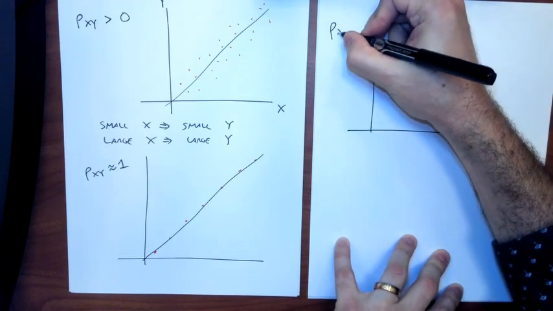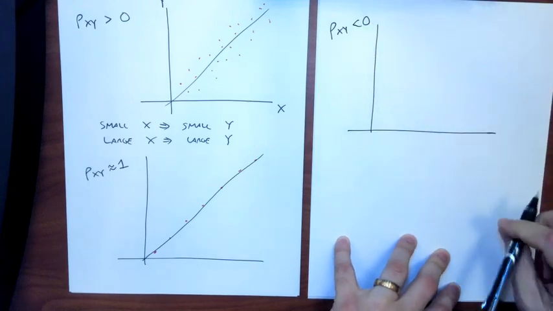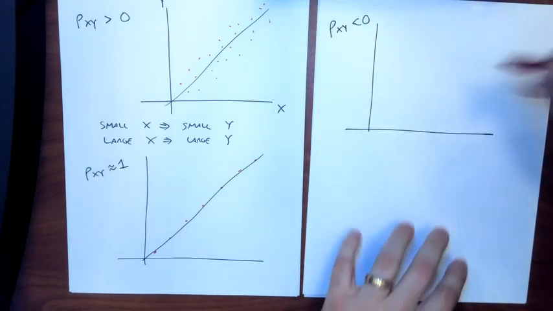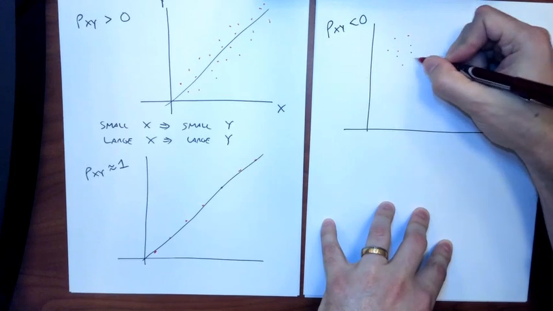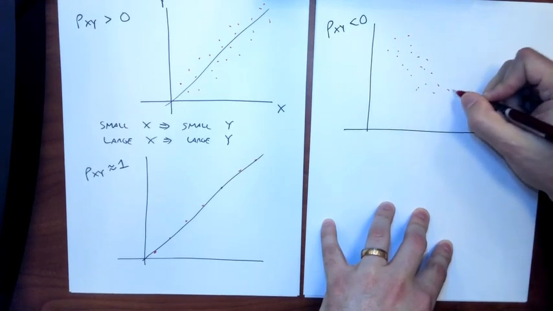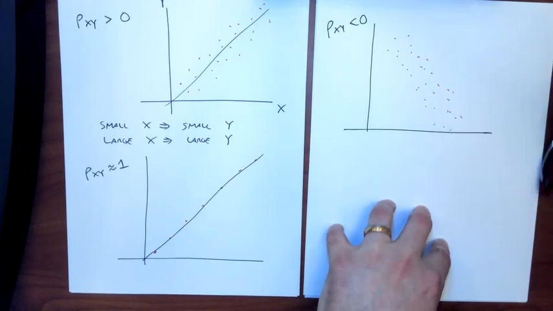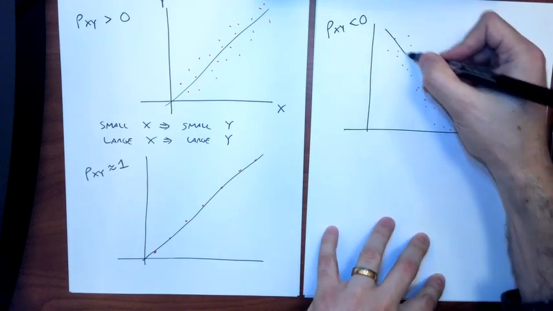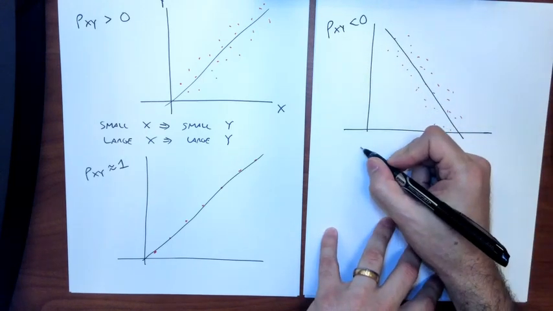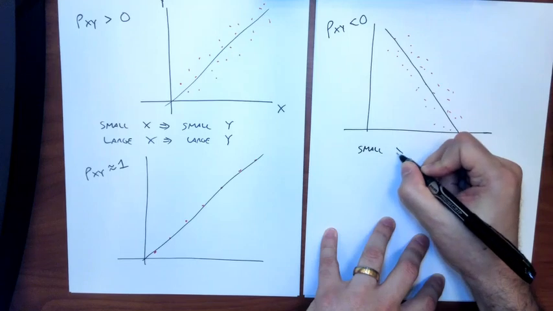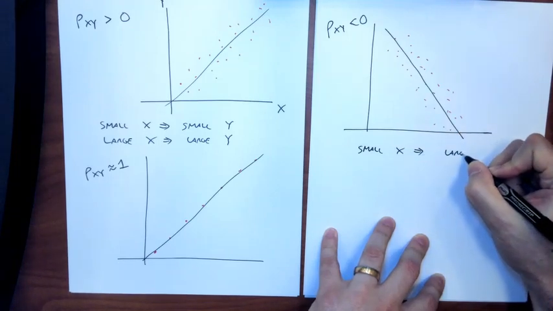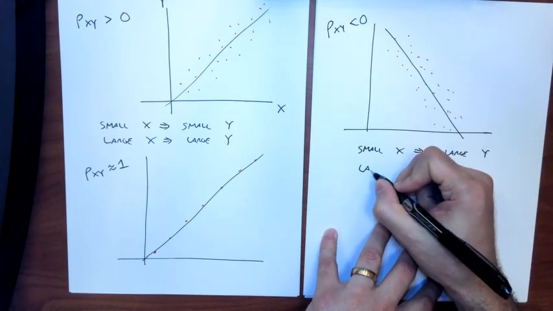So if rho xy is less than 0, I could still have a correlation, but it would be going the opposite way. So my best fit line would be saying that if I have a small x, I'm more likely to have a large y, and vice versa.